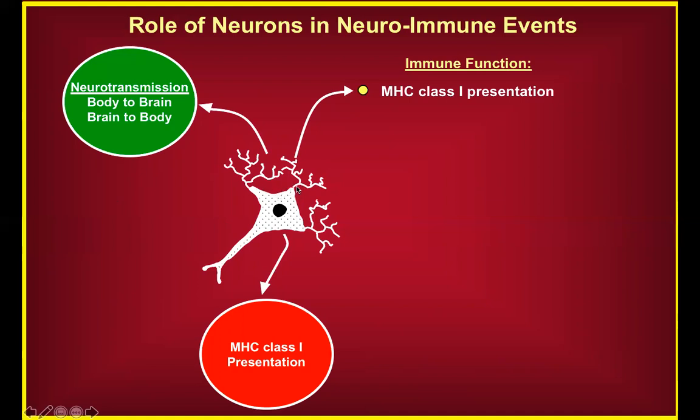So neurons have this, and it's more inducible. I don't think you always find expression of it, but they do have it. And this means that if you have a CNS virus, neurons will detect, or will show the immune system that there's something going on.